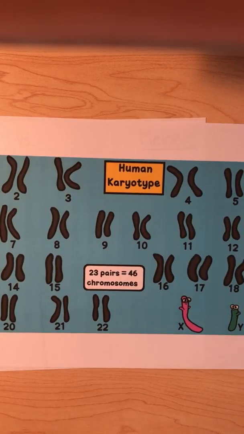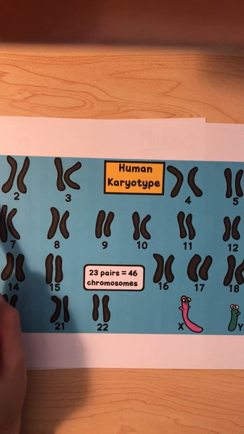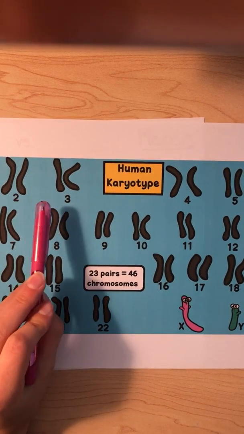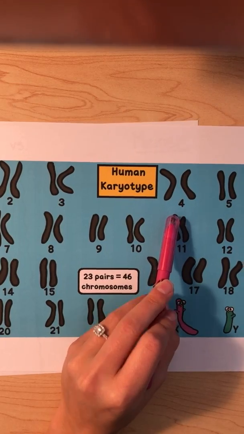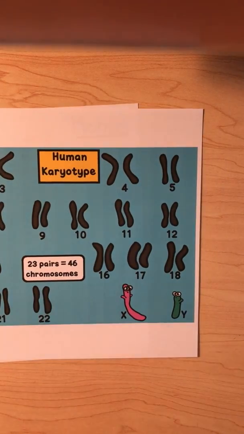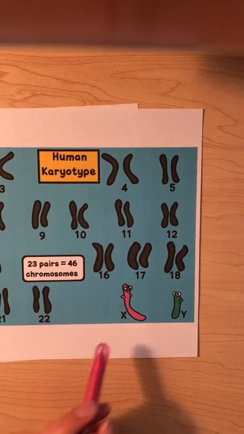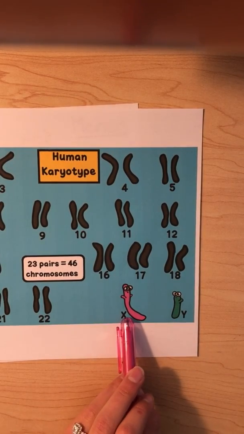But meiosis, on the other hand, would only have half of that amount of chromosomes, okay? So it would only have one copy of chromosome 1, one copy of chromosome 2, and one copy of chromosome 3, and so on. And the cells that are produced from meiosis only have one sex chromosome, okay?